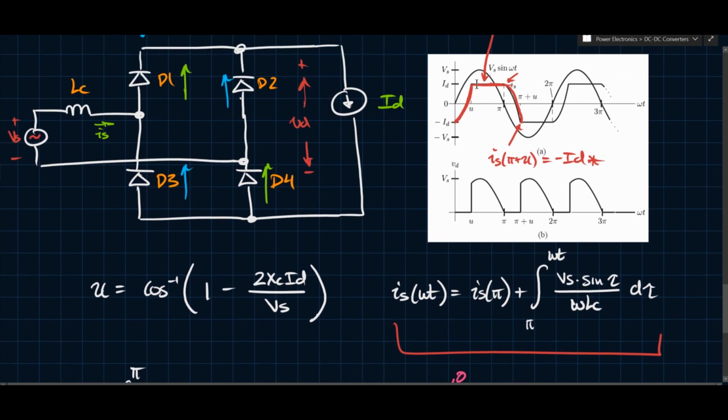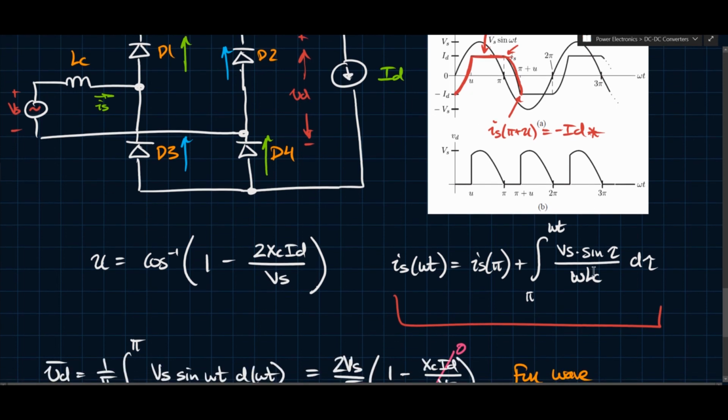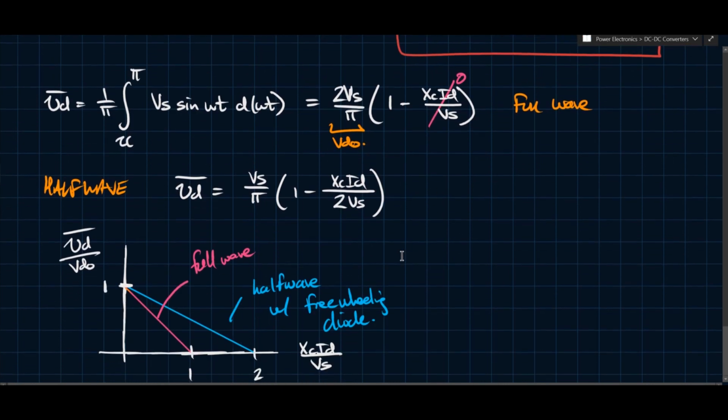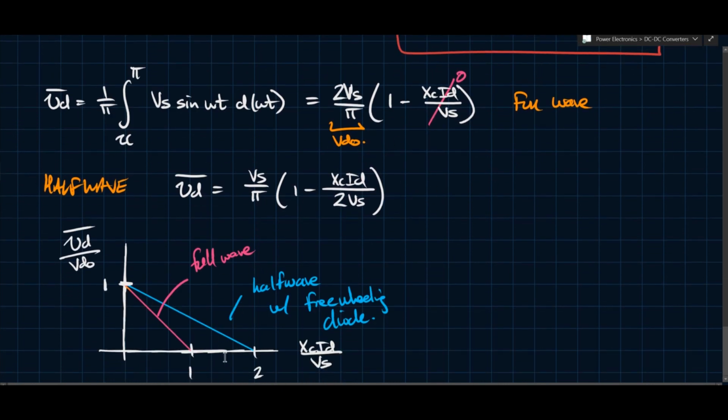The main difference is that Is can go negative as well, whereas in the half wave case it doesn't. We also saw that the overall expression is similar, with a main difference of a factor of 2. So the half wave is twice as good in terms of this condition, but this condition in itself is not sufficient to convince us that the half wave is better than the full wave across the board.